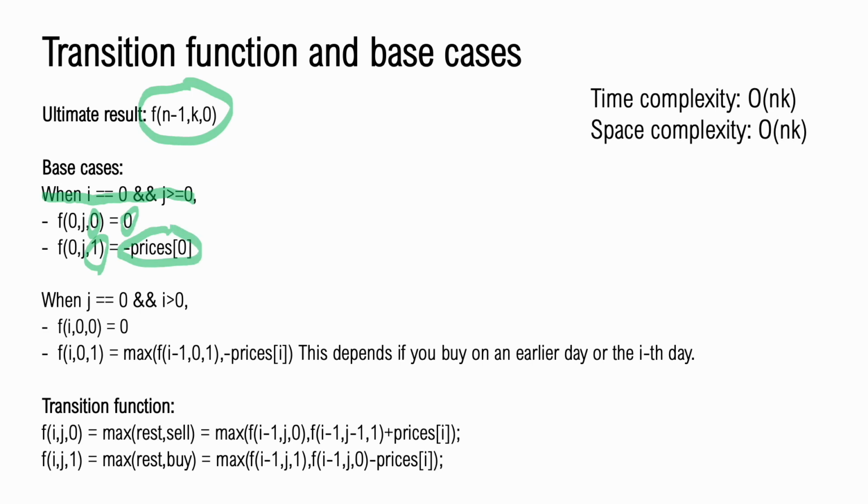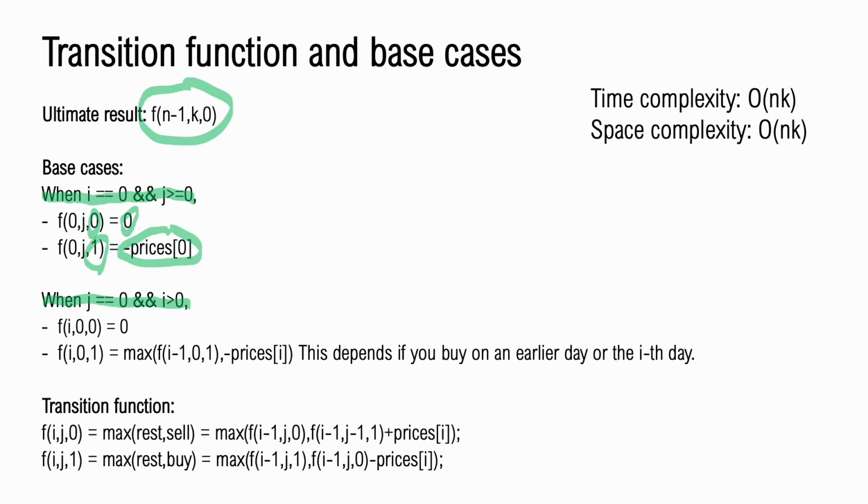The other base cases are when j equals 0 and i is larger than 0, which basically means you did not make a full transaction, but you may or may not have bought the stock already. Remember that we define our transaction at the end of the sale, so the transaction number is only increased at the end of a sale.